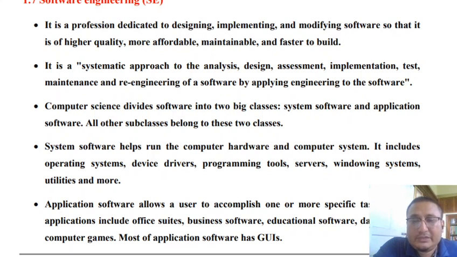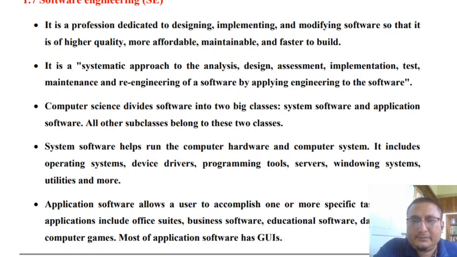For example, device drivers enable you to use your USB devices or port the USB devices to the computer system. Utility programs are also examples of system software. Whereas application software is a category of software that allows the user to accomplish certain purpose-specific output.